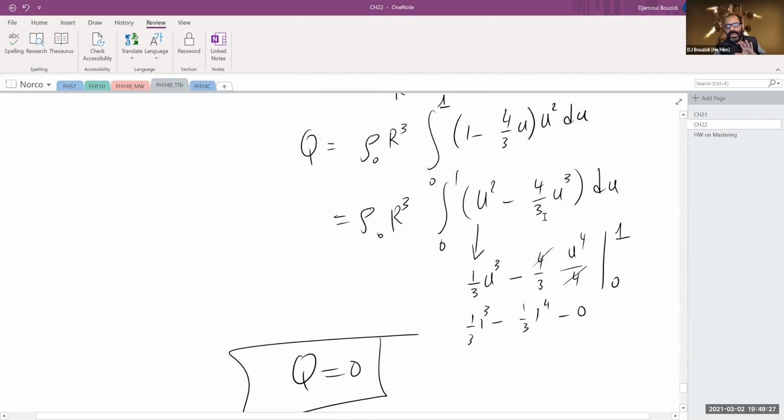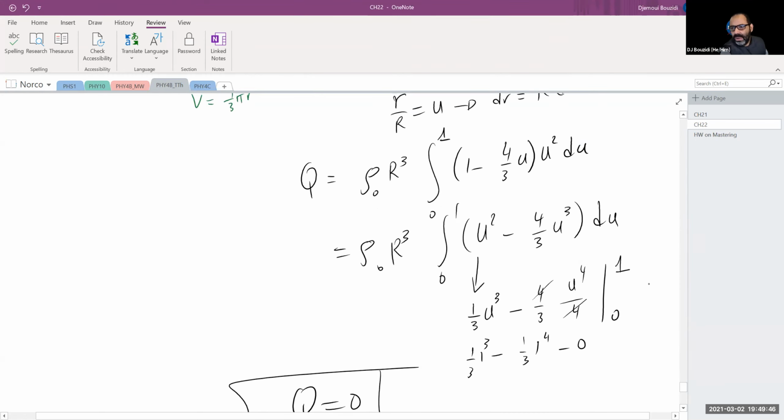So this integration is the result that we found, except we're not going to plug in the upper limit. For the lower limit, we put 0 because we're summing from 0 to some r that is less than big R. In that case, the upper limit is going to be an R value, so the upper limit is actually r over R. For the second part, we use the same results.